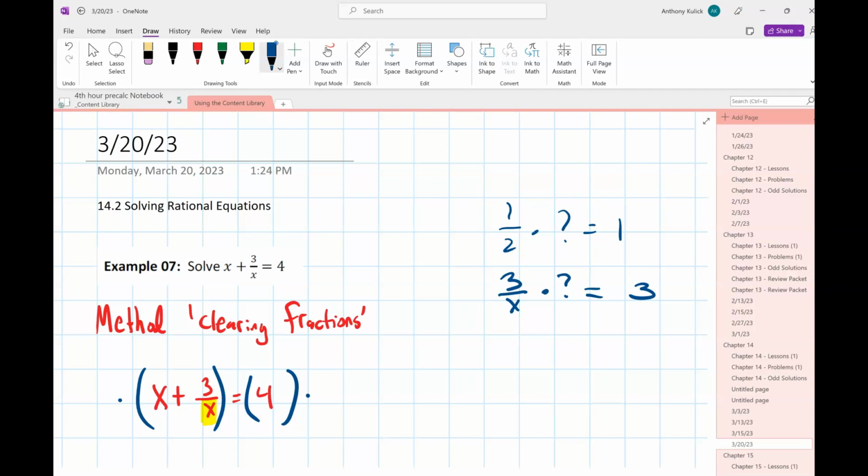Anybody see it? What do we have to multiply 1/2 by to get 1? 2. Great. Where'd you get the 2 from? So what are we going to multiply 3 over x by? x, right? Same pattern.